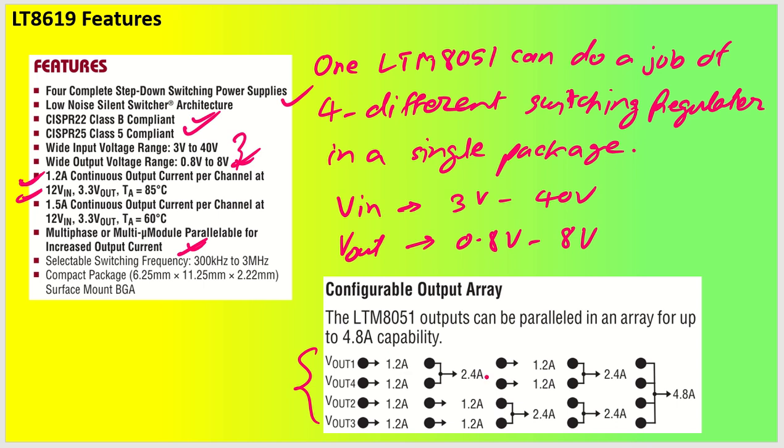So 1 and 4 can be paralleled and you can get a higher current. Similarly, the last two can be paralleled, and at last you can parallel all of them to get the highest current, which is going to be 4.8 ampere. It has 4 different switching regulators in a single package. That's the biggest advantage. Let's see more of the features and applications of this particular LTM8051.